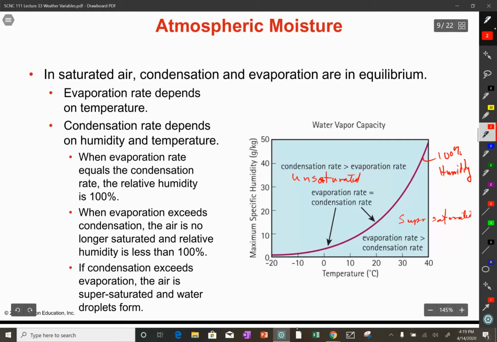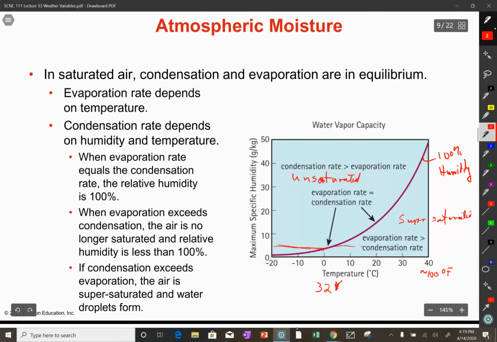So you can see the maximum specific humidity, the maximum amount of moisture that can be held in the air, is a great function of temperature. So 40 degrees Celsius, that's around 100 degrees Fahrenheit. You have a very large amount of moisture in the air that it can hold compared to at 0 degrees Celsius or 32 degrees Fahrenheit.